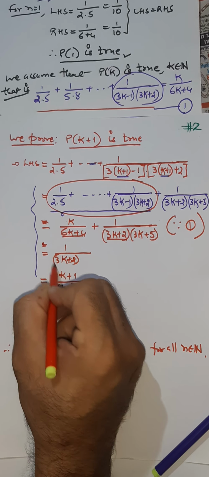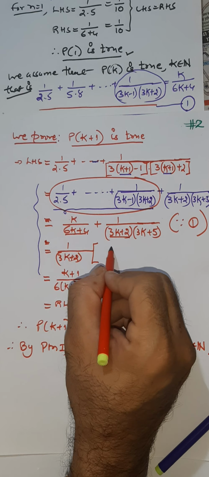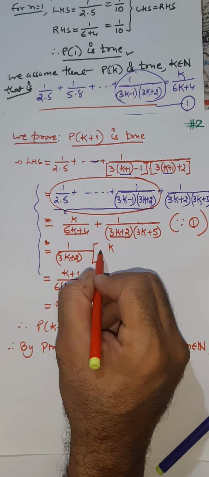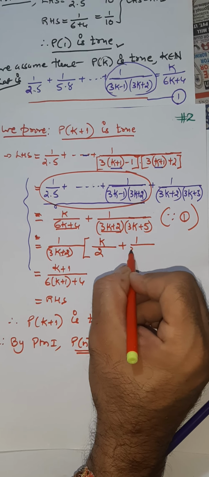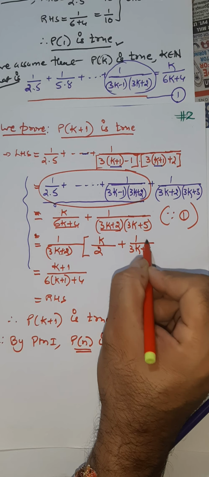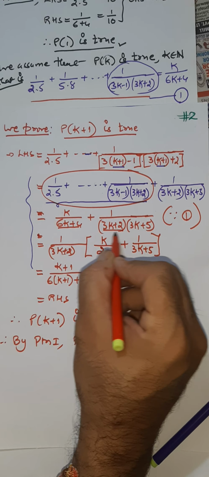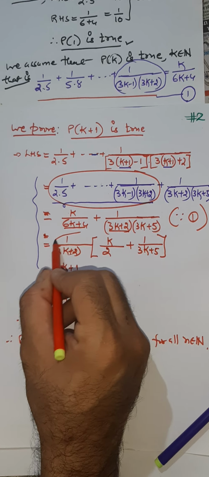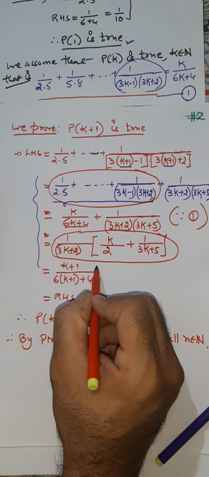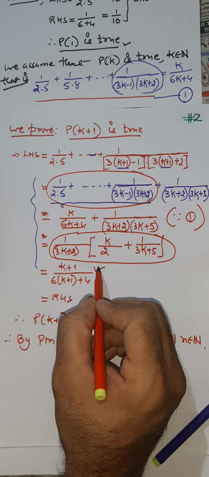So what we'll get here? K upon 2 plus 1 upon 3k plus 5. Simplify this. I'm not doing this. If you simplify this much, you will get exactly this. Try this. This is simple algebra.